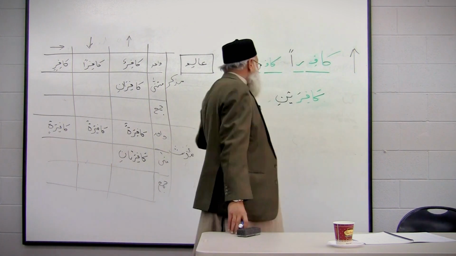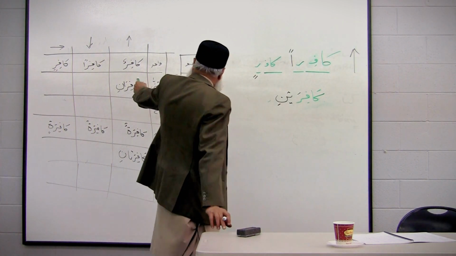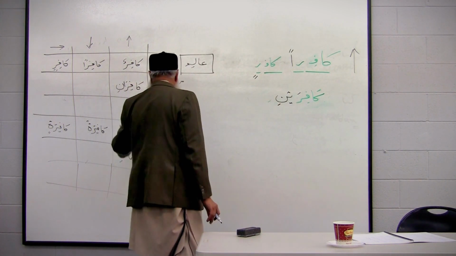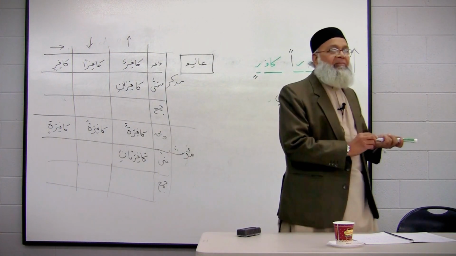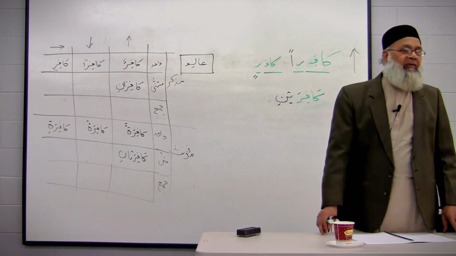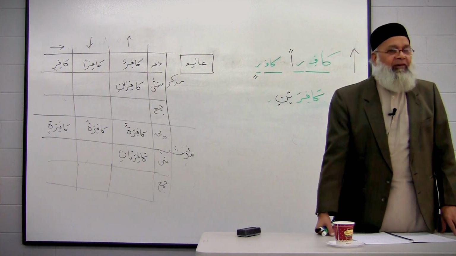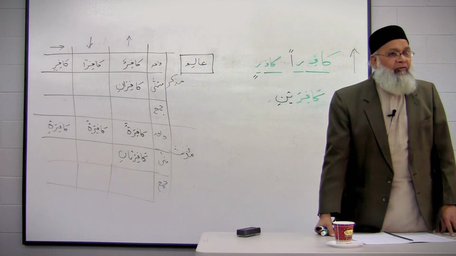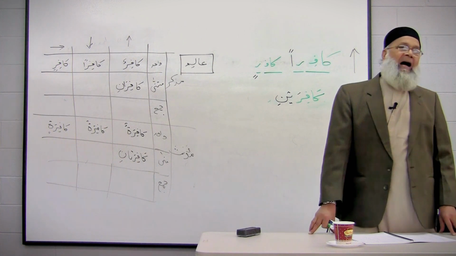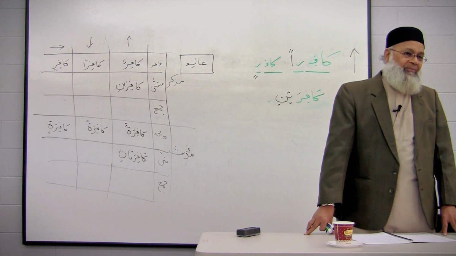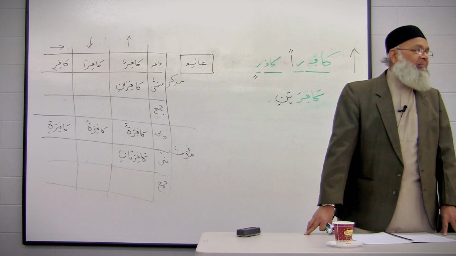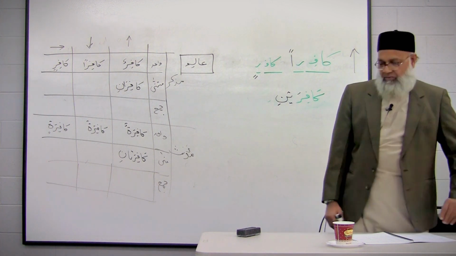In the first case, in the rafa, it was ani sound at the end. Kafirani, kafiratani. In nasab and jar form, the last letter of the singular form will be given fatha followed by a ya with sukoon and noon with kasra to give an aini sound both in nasab and jar form.